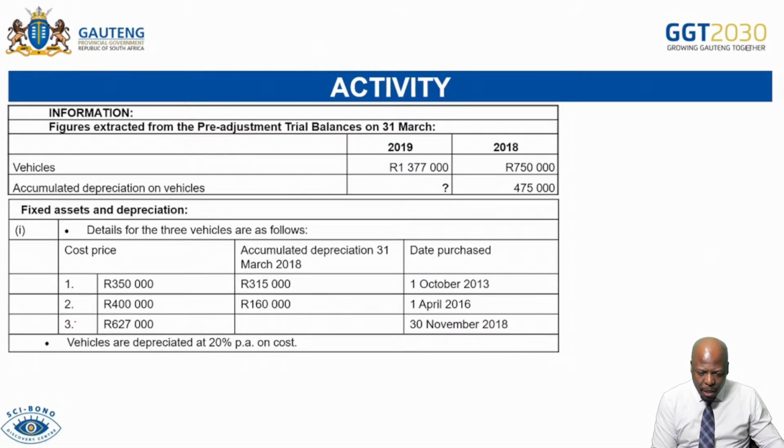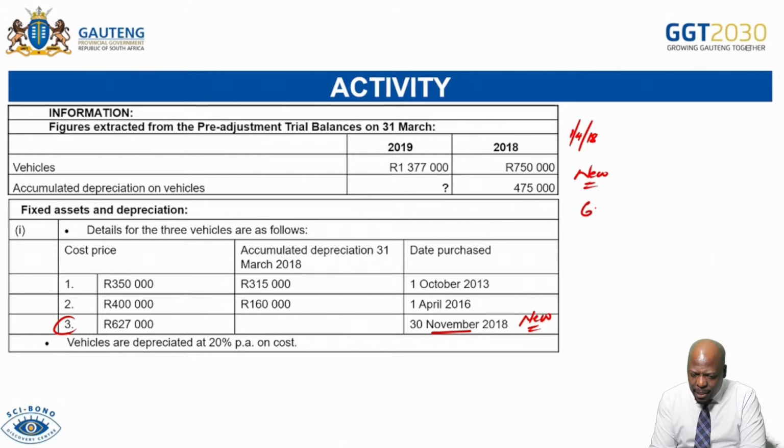Okay? Let's go to number 3 then. Number 3 was bought on the 30th of November 2018. Remember, the year begins on the 1st of April 2018. So this must be a new asset. That's a new vehicle. So I'm now calculating for my new. I'm going to say 627,000 multiply by 20 over 100 by how many months?